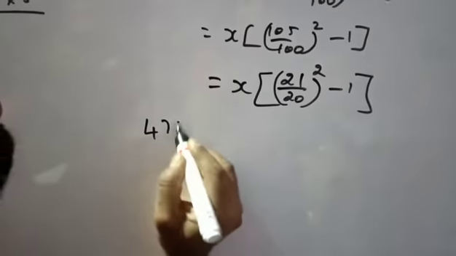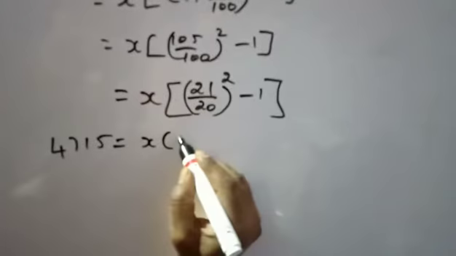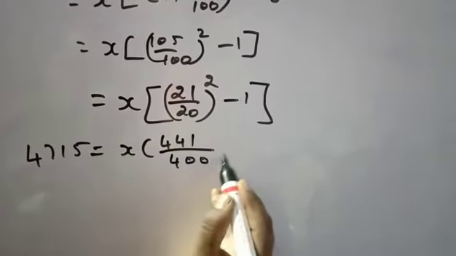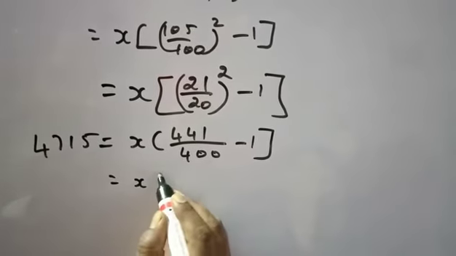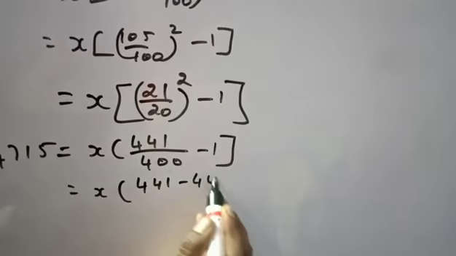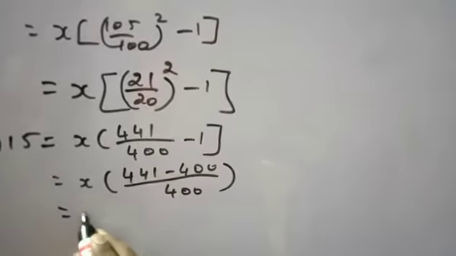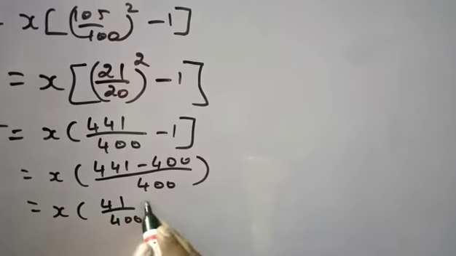So 4715 equal to x into (441 divided by 400 minus 1). So x into, we can take LCM 400. So 441 minus 400 divided by 400. So equal to x into 41 by 400.